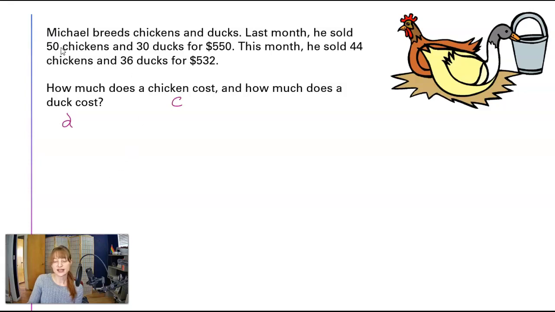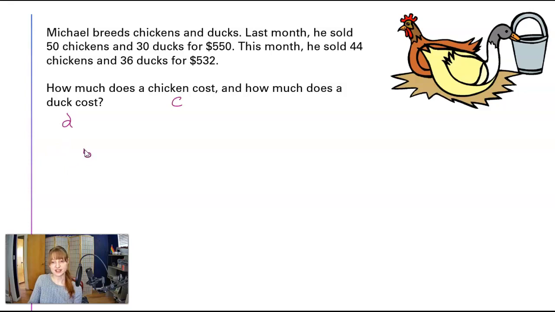Now we just read this original sentence and turn it into equations. So he sold 50 chickens and 30 ducks for $550. Well, the amount you get for selling a chicken is going to be the cost or the price of that chicken, which is our variable C. And then we multiply it by 50 chickens to get the total amount that he received.